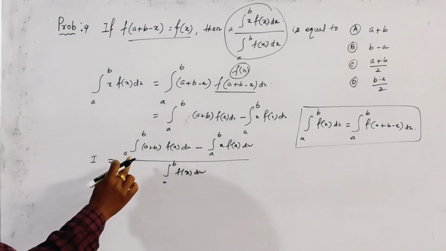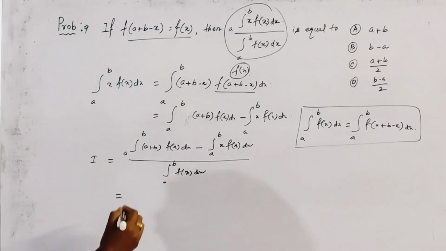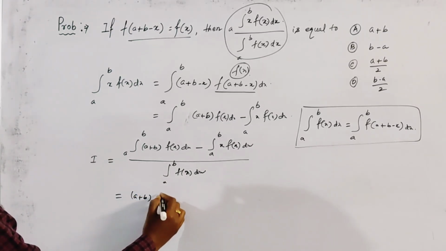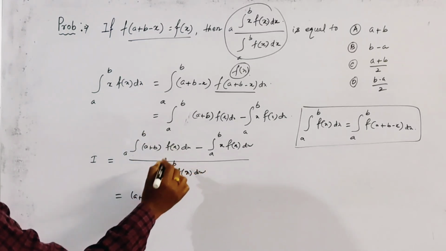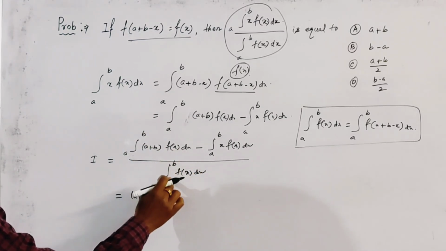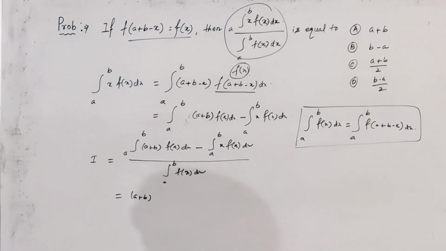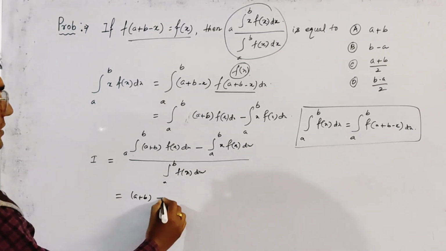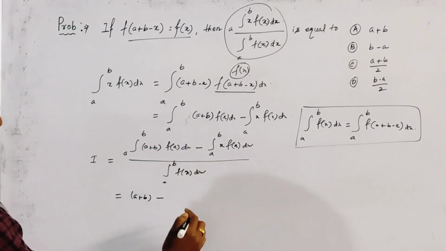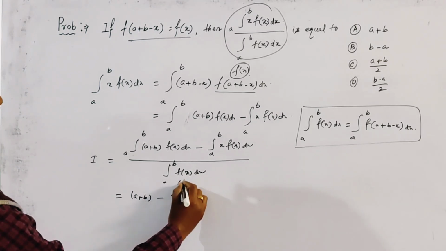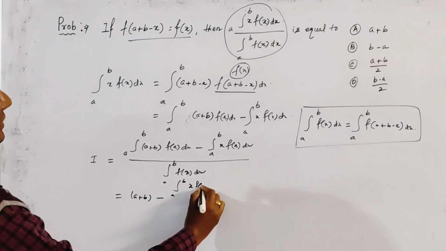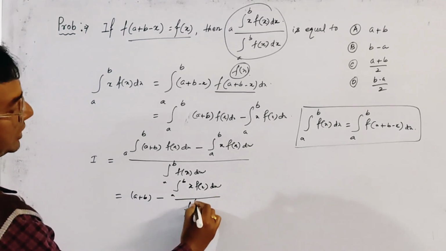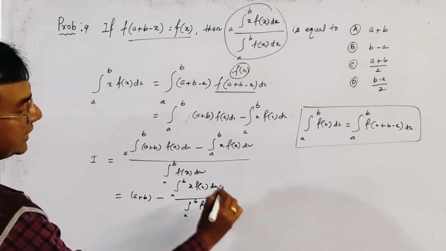Now if we divide this into two parts, we get (a plus b) into integration a to b f(x) dx over integration a to b f(x) dx, so these cancel out, and we get a plus b minus integration a to b x f(x) dx by integration a to b f(x) dx.